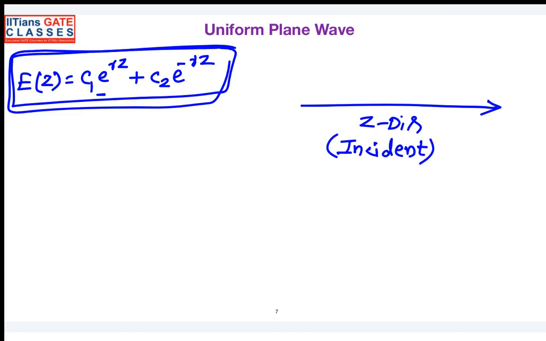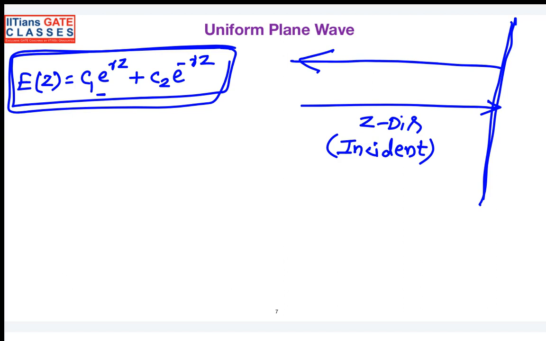Now, I will put one metal in the space. The wave is happily propagating in the z direction and I kept a metal plate here. Can you tell me what will happen in that case? Sir, it reflects. The full signal will get reflected back, right? Yes.